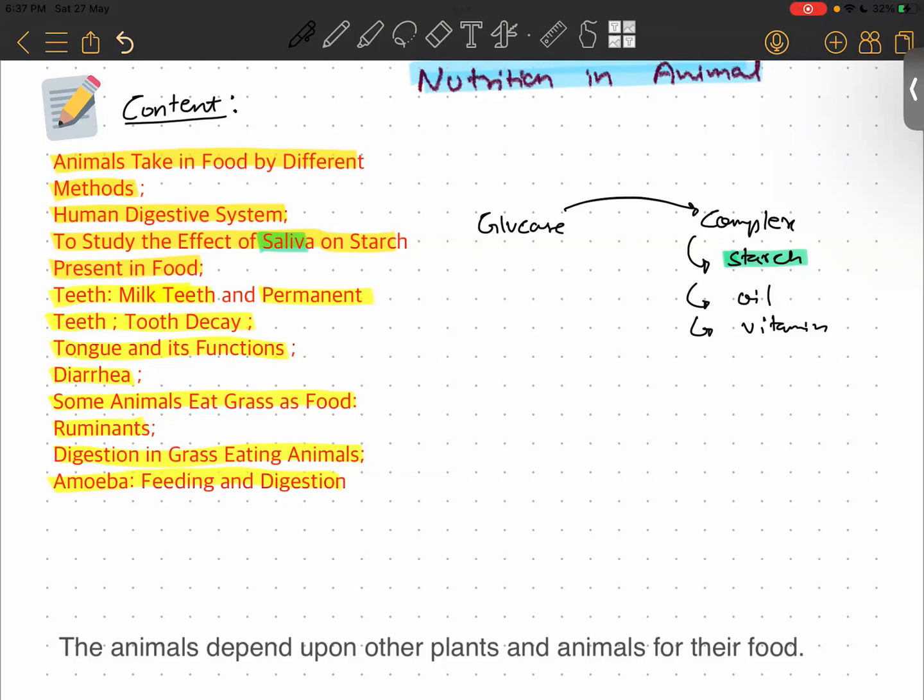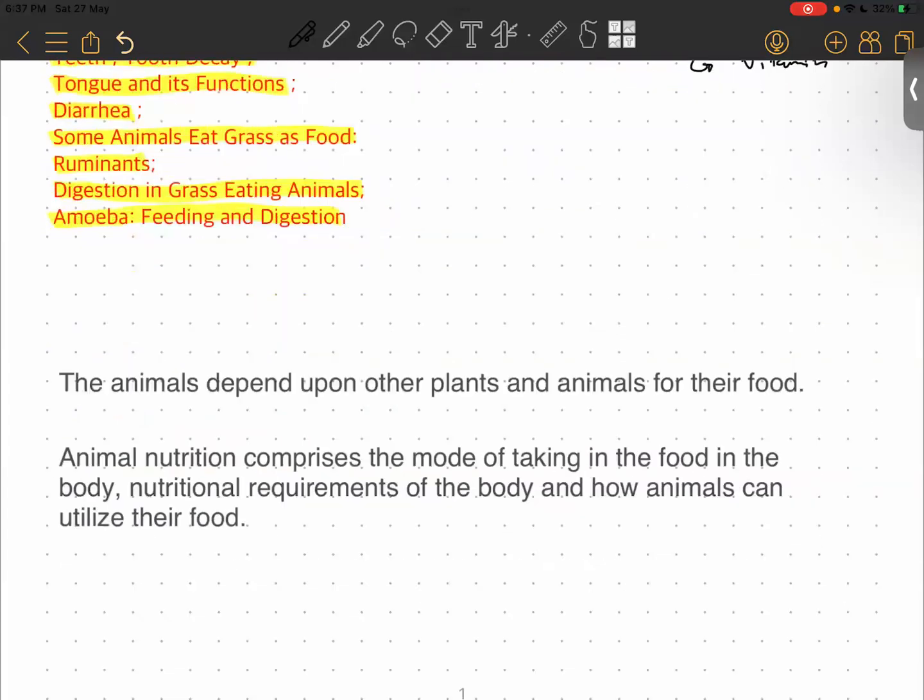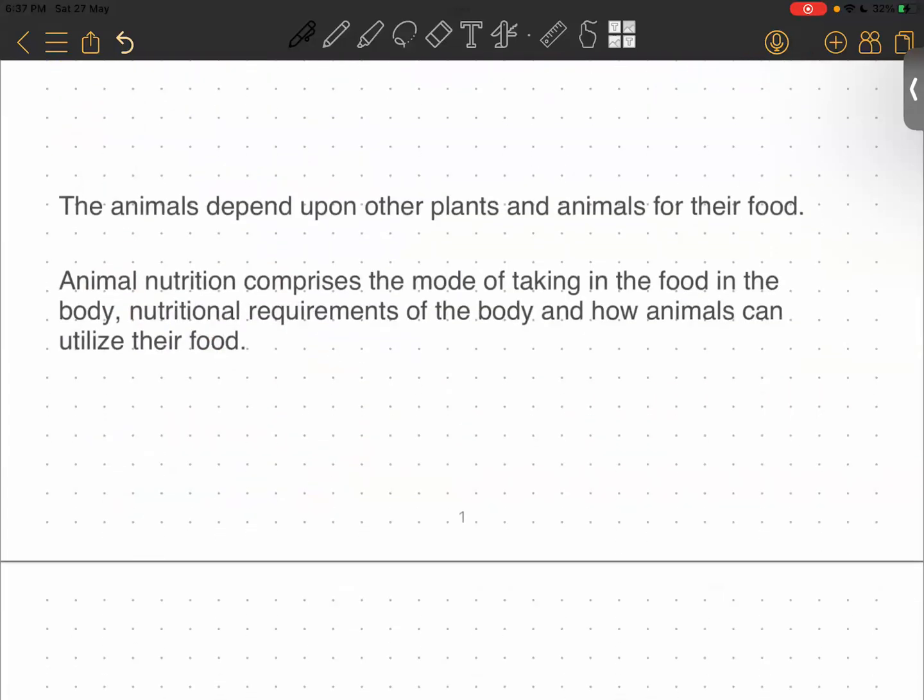Now, let's talk about animals, since the chapter is about nutrition in animals. In the previous chapter we studied that plants can make their own food, but animals cannot make their own food. That is, they are heterotrophic in nature, so they depend on plants and other animals for their food.